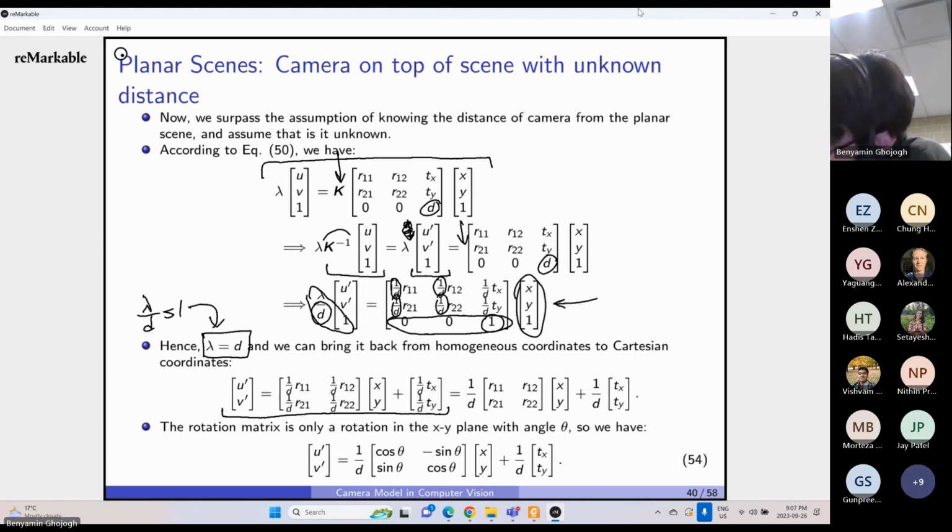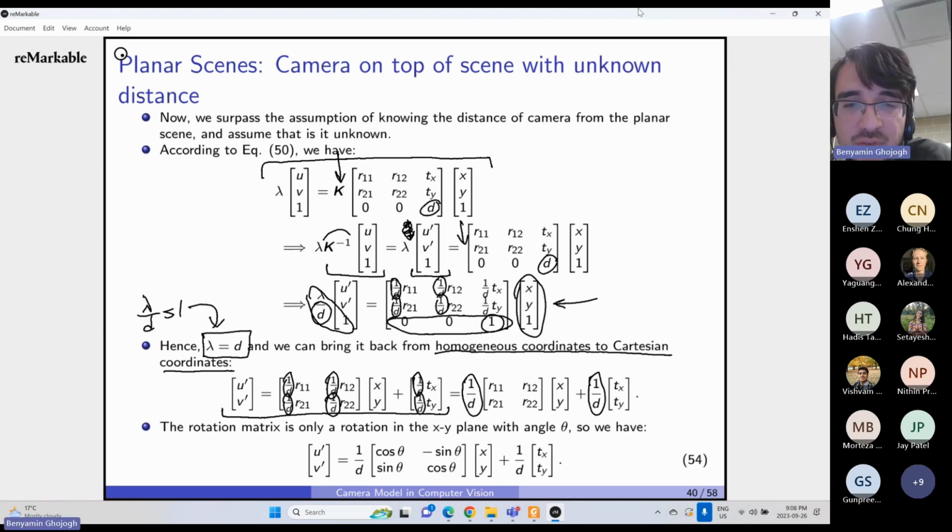Agreed? Then what happens? So again, I went back from homogeneous coordinates to Cartesian coordinates. Then I can factor out 1 over d, because I have 1 over d in all of the elements. Also here, I have 1 over d, so I factor it out. Right? Again, it's similar to before.